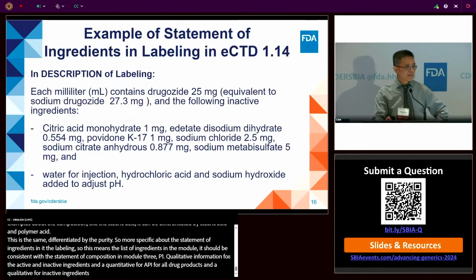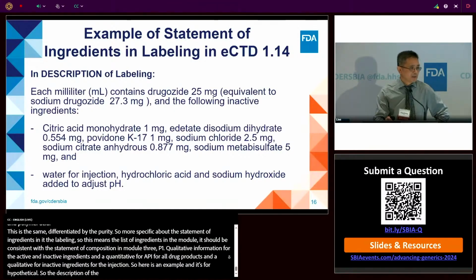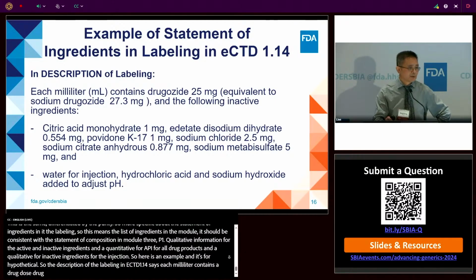So here is an example, again for a hypothetical injection drug product. The description of labeling in eCTD 1.14 says, each milliliter contains drugside 25 mg, equivalent to the sodium salt 27.3 mg, and the following ingredients: citric acid monohydrate 1 milligram, etc. So they are specific in the type of the ingredients and the amount.